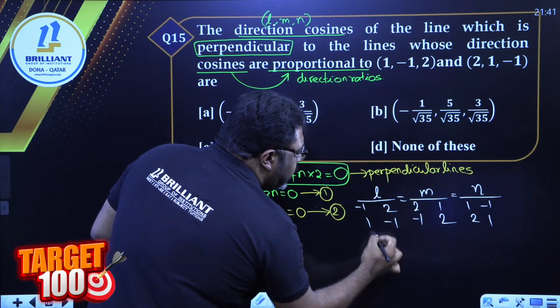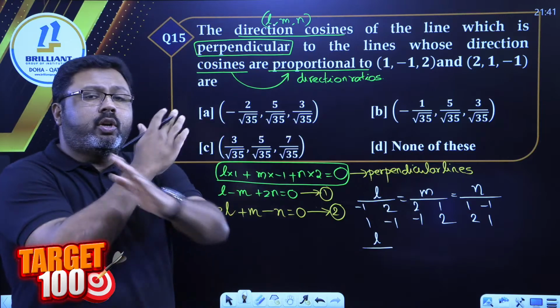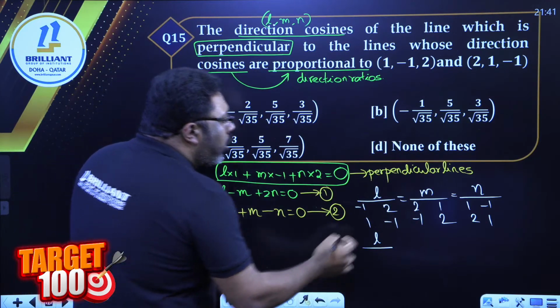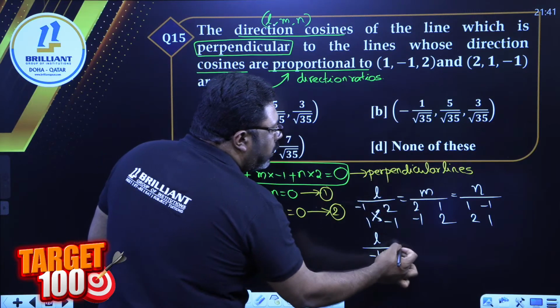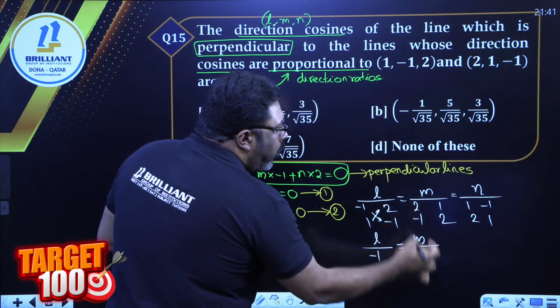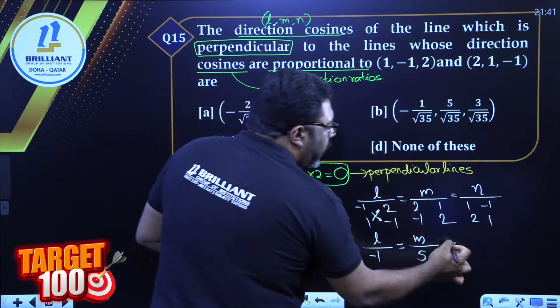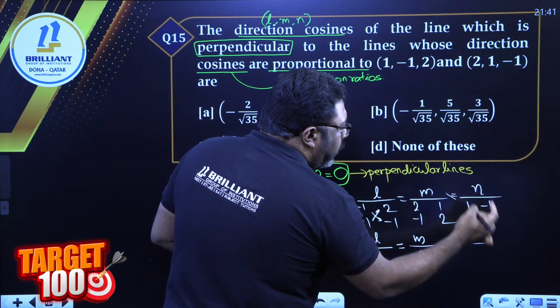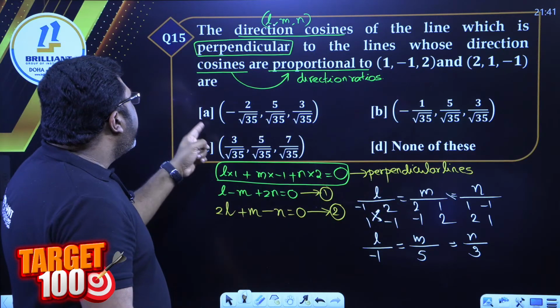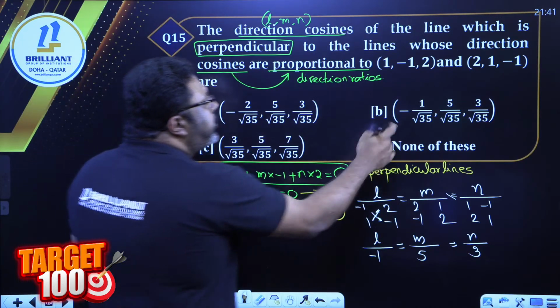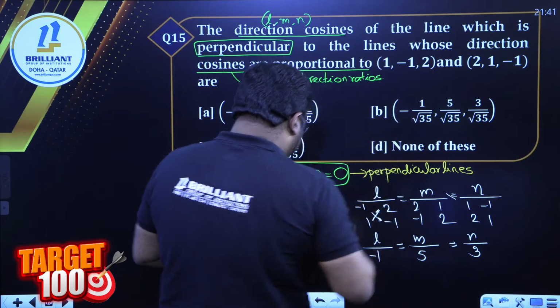Cross multiply and subtract. 1 minus 2, -1. M is 4 plus 1, 5. N is 1 plus 2, 3. So -1, 5, 3. The only option with -1, 5, 3 is option D.